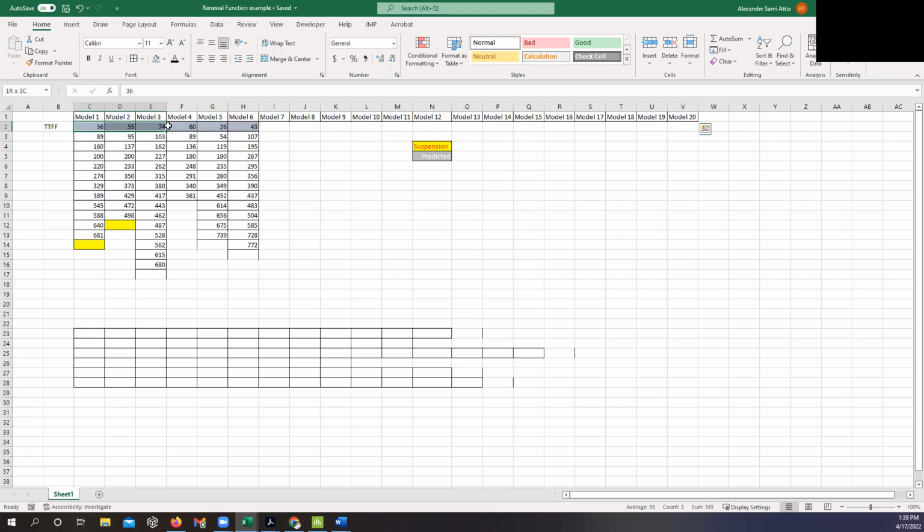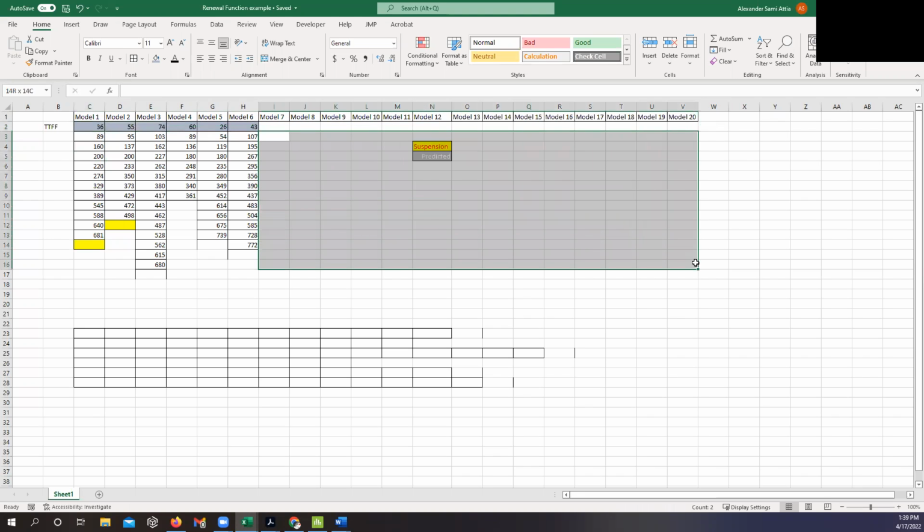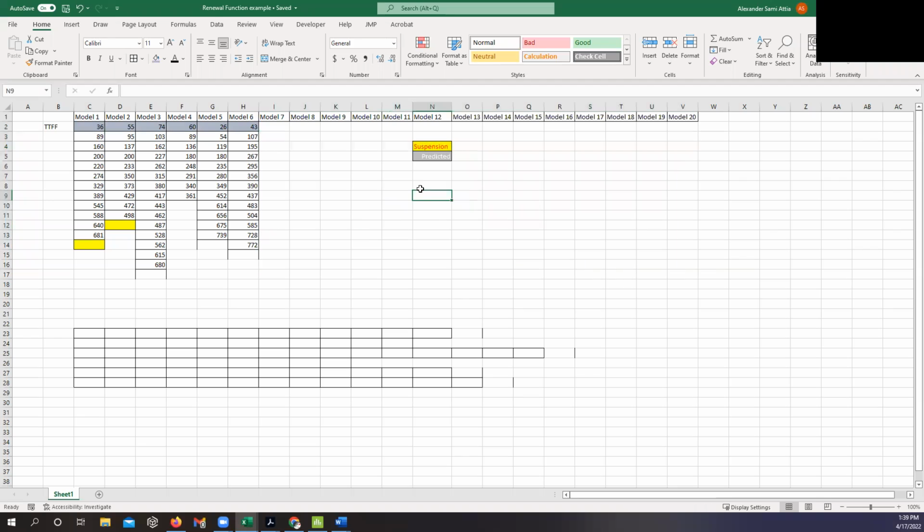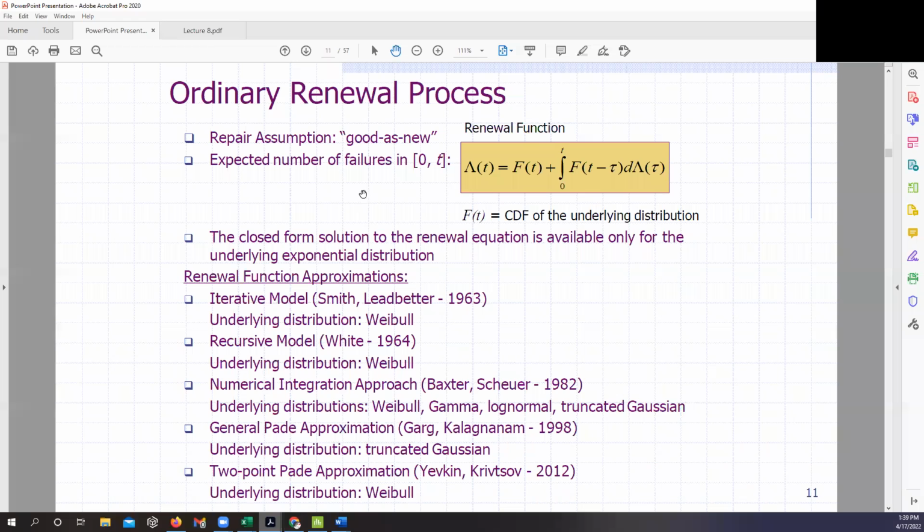So all of them come with time to first failure and then some other data that's dictated by a stochastic process. So before I even touch this problem, before I even go and solve it as a repairable system, I like to crunch it quickly to see what I'm dealing with. So I use half of the equation in slide 11, this one. I like to use that half because it's dictated by the underlying distribution.